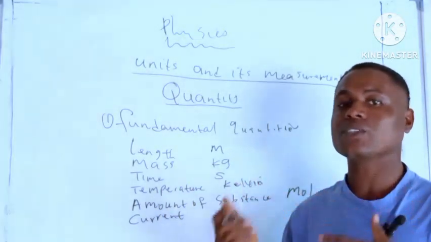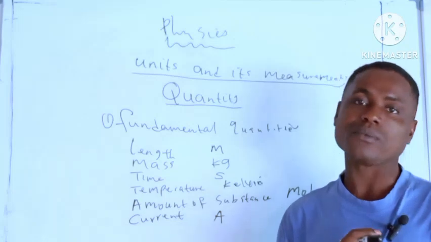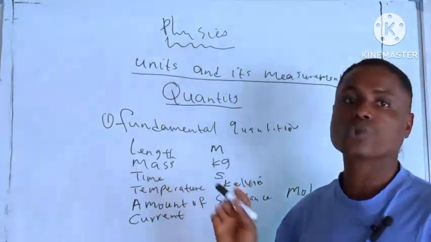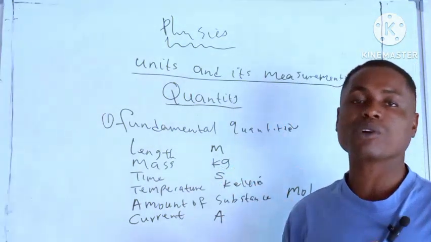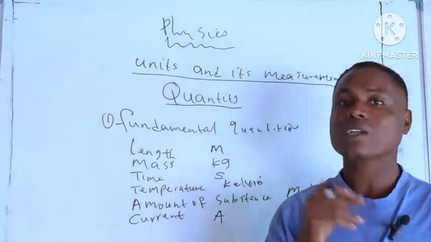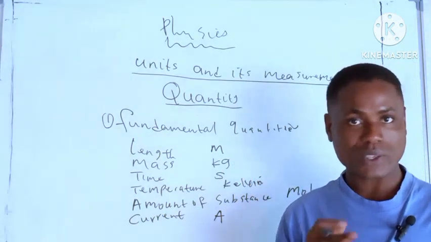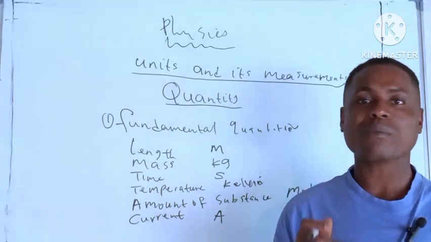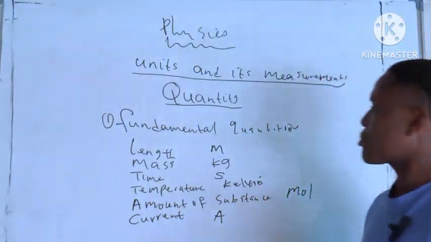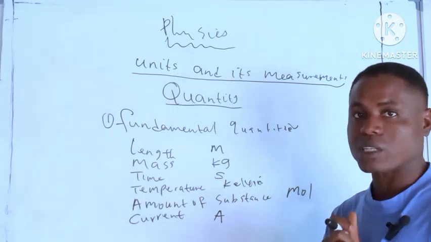All these are quantities. But under quantity, we have the fundamental and the derived quantities. But all of them are called quantities. So please take note of this, it is very important.